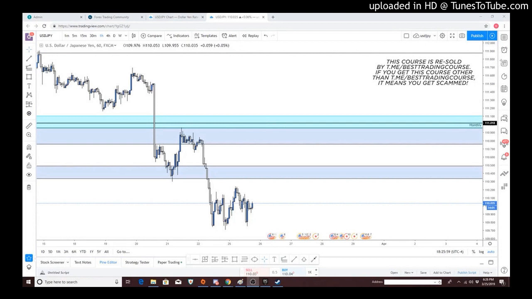Another example of what price could do when it is going to reverse is form a double bottom, which you'll learn later on with an actual price action chart. It's typically a trend reversal pattern. Price will form a lower high, then a lower low, or in this case, price will form an equal low, and then price will form a higher high, then a higher low, then a higher high.